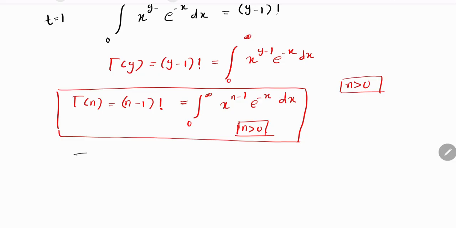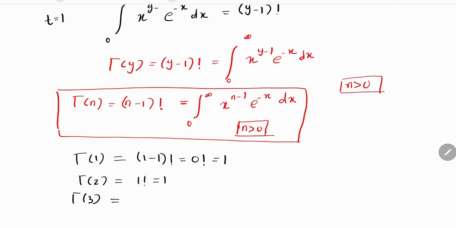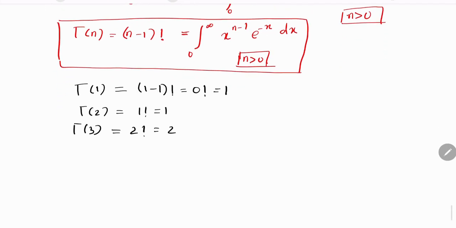So what is gamma of 1? Gamma of 1 is n minus 1 factorial, that is 1 minus 1 factorial, that is 0 factorial, equal to 1. What is gamma of 2? It is 2 minus 1 factorial, that is 1 factorial, equal to 1. And what is gamma of 3? It is 3 minus 1 factorial, that is 2 factorial, equal to 1 into 2, that is 2. So what is gamma of n?